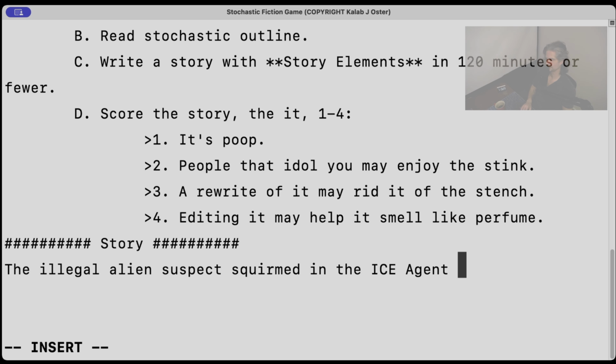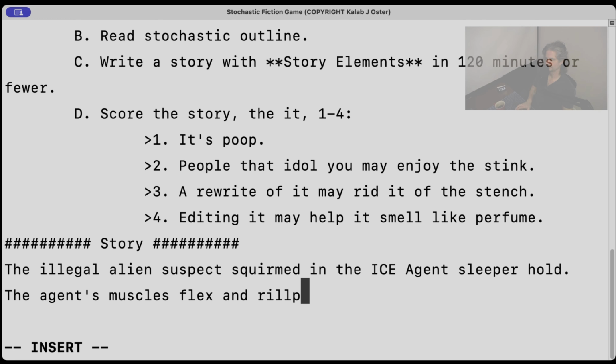What the hell? Like a sleeper hold. The agent's massive. Muscles flex. Choking. What is this person going to be?